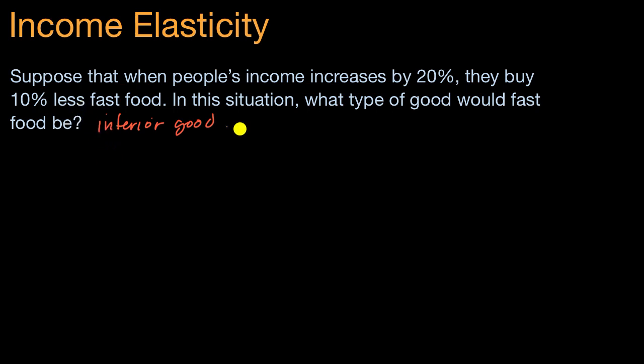And for kicks, what is the income elasticity of demand right over here? Calculate that. So just remember, our income elasticity of demand is just going to be our percent change in quantity demanded divided by our percent change, instead of price, in income.